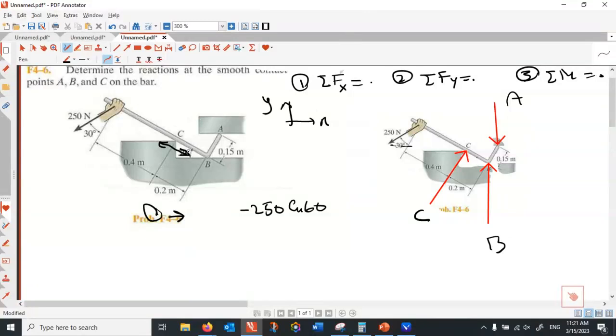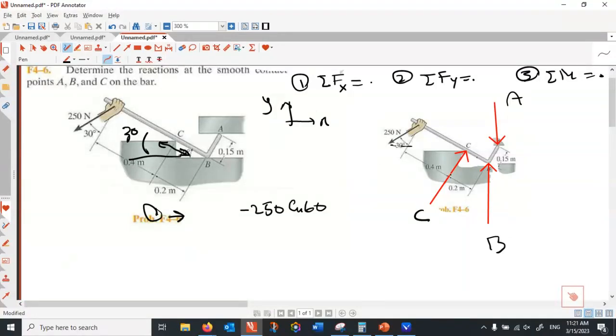What is that angle? Can you read? This angle is 30 degrees.